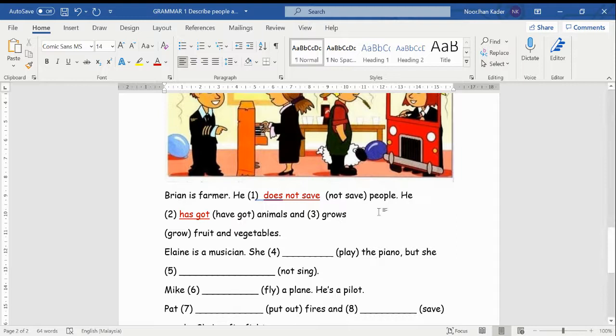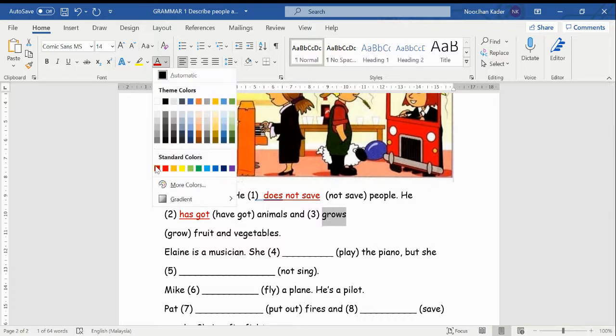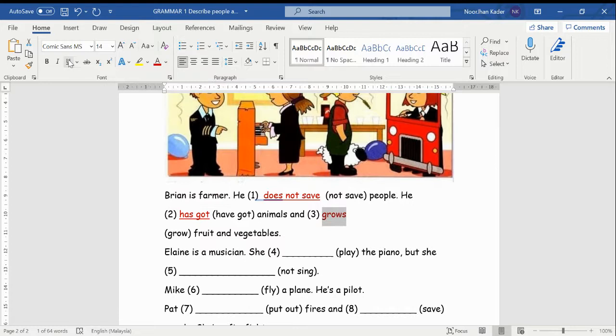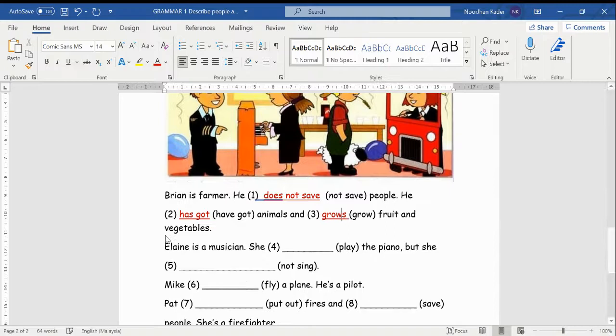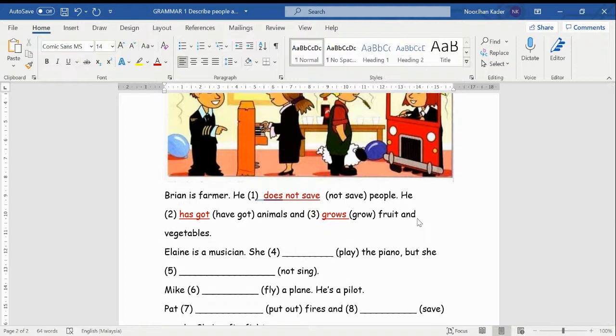GROWS. As I said earlier, the one in the bracket given is actually the basic grammar given. It is not the answer. But when you write, you have to check. Okay, we will check later, but never mind.